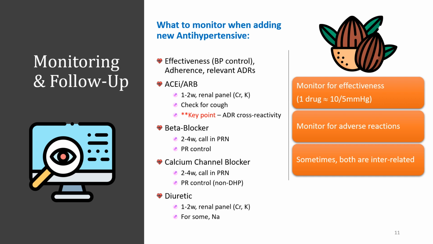In a nutshell, monitor for effectiveness. Recall that one drug is probably able to confer about 10 over 5 millimeters mercury on systolic and diastolic pressure respectively. You want to monitor for adverse drug reactions, and when you think about ADRs, think about the mechanism of actions of the various agents, maybe with the exception of angioedema, which is also related to the mechanism of action of ACE inhibitors and ARBs.